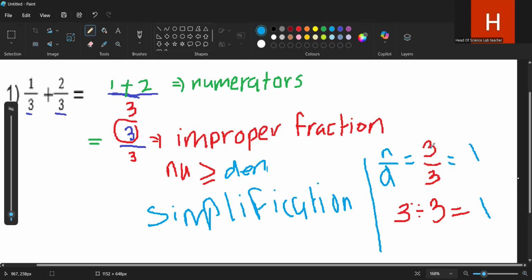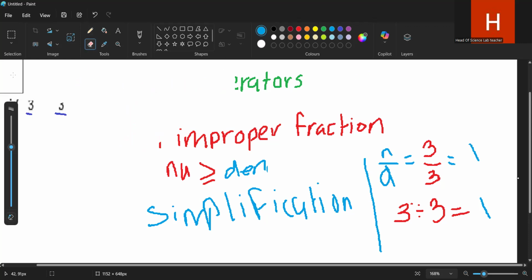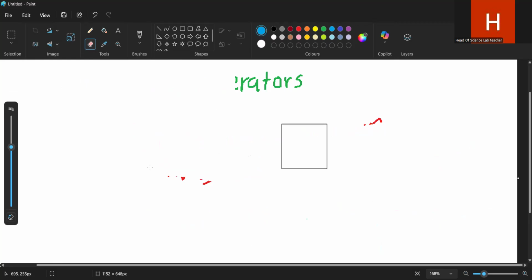Whenever you check your division tables, 3 divided by 3 is equal to 1. Okay, so that's how we do the first problem. Let's try a second problem.